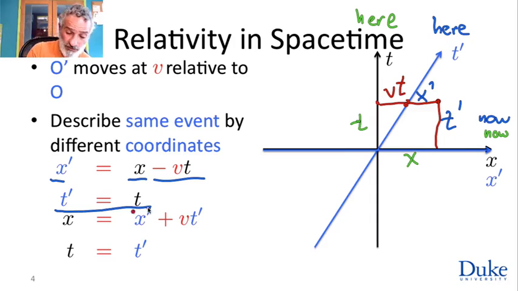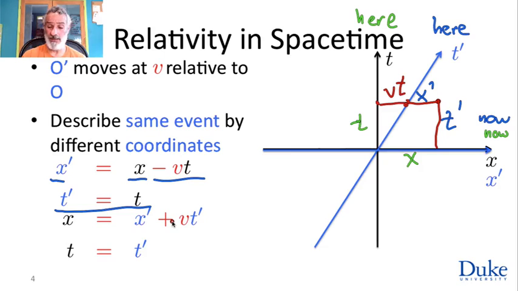I can invert these relations and figure out how to find the description given by the stationary observer in black, given the data of the measurements of the moving observer in blue, and you can solve these linear equations rather easily for x and t as functions of x prime and t prime, and it's not surprising that these equations look the same, except the sign of v is changed.